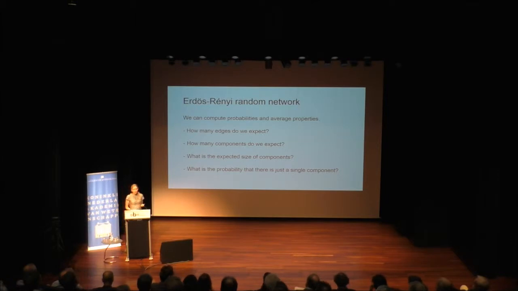Or how many components do we expect, which is very important from the disease modeling perspective, because this means how many isolated islands basically are there in the population where the disease can be trapped. And what is the expected size of these components? This corresponds to the size of the outbreak in this model. And what is the probability that there's just one single component and everybody gets sick?